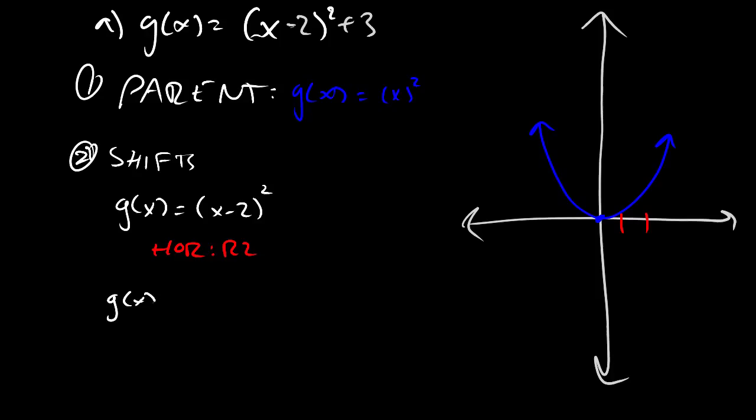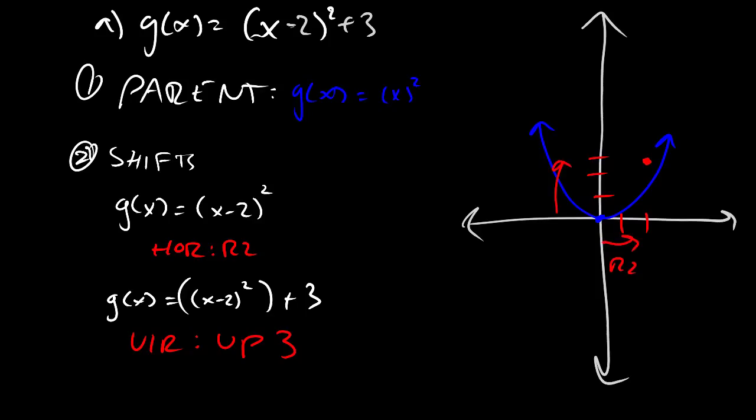And if we add on 3, that's going to be our vertical shift. We're going up 3, positive 3 in the up direction. 1, 2, 3. So our new starting point is at (2, 3). We've gone right 2, we've gone up 3, and we're now here.